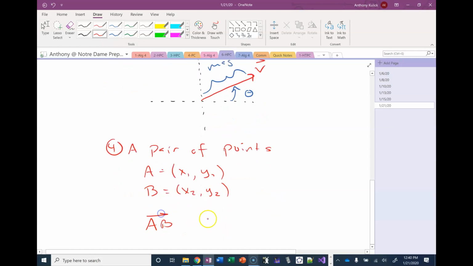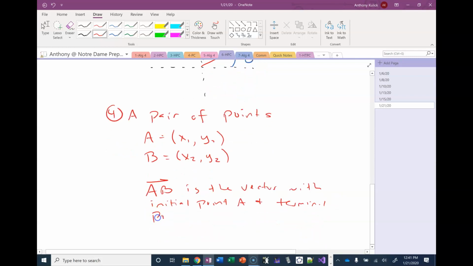Then the vector AB is the vector with initial point A and terminal point B. So when we say initial point, that's like the tail of our arrow, and terminal, that's like the head of our arrow.